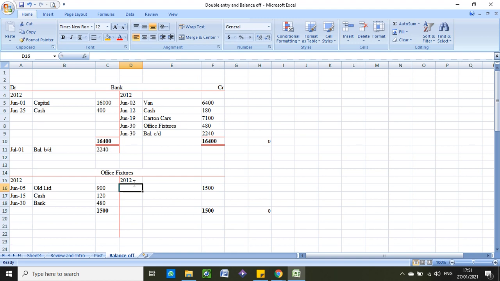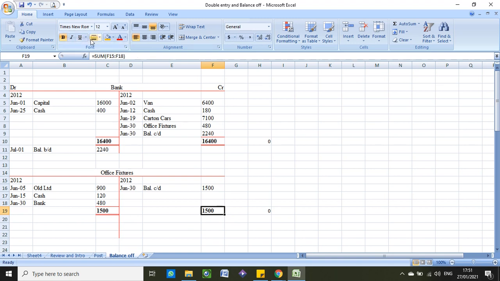It's June, so it will be June 30th. Balance carried down. So this total is 1,500. This other is the same, so we go ahead and we single line and double line.